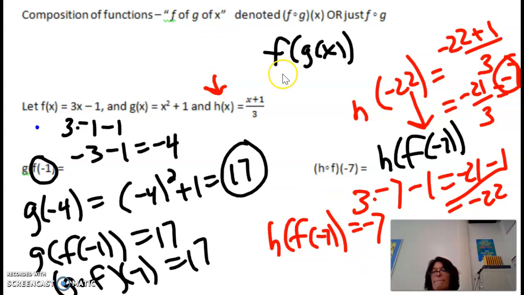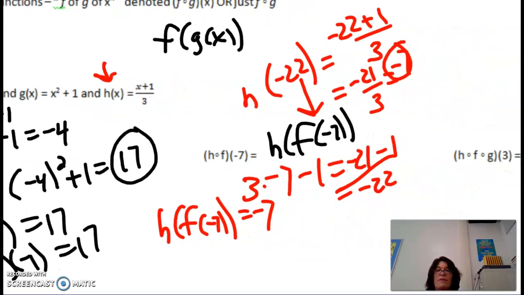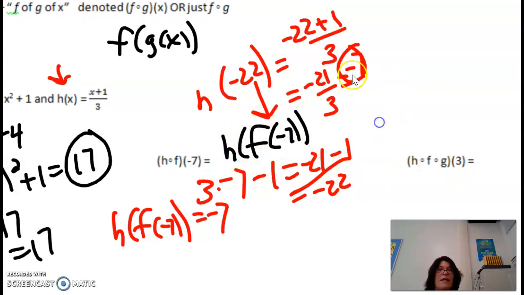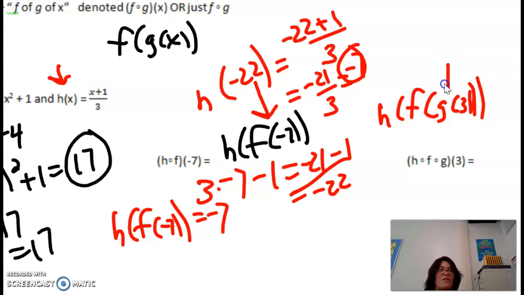Let's try this next one. Some people have trouble when it's the same function twice. Oh no, that's not what this is. H of f of g of 3. Oh goodness, right? I'm going to write that as h of f of g of 3. Lots of parentheses, okay? The first thing we do is g of 3. So the g function says to take x squared and add 1.